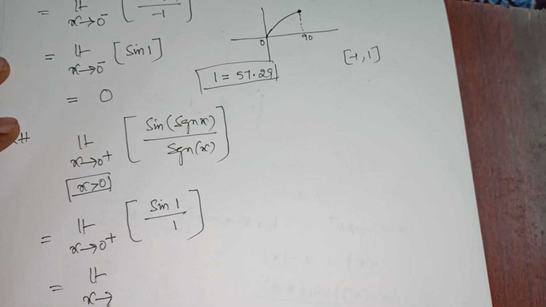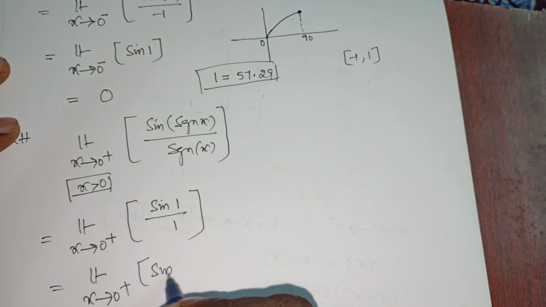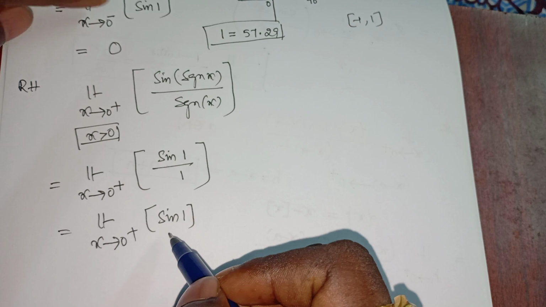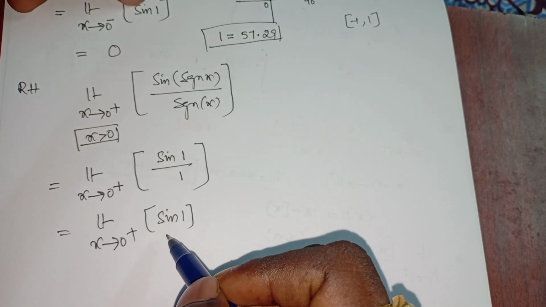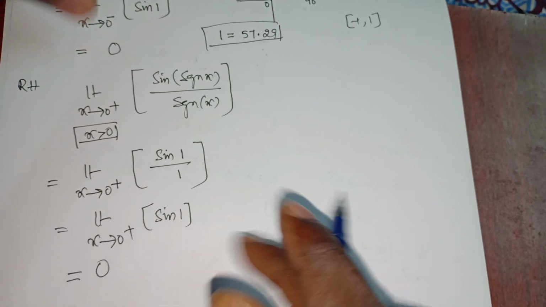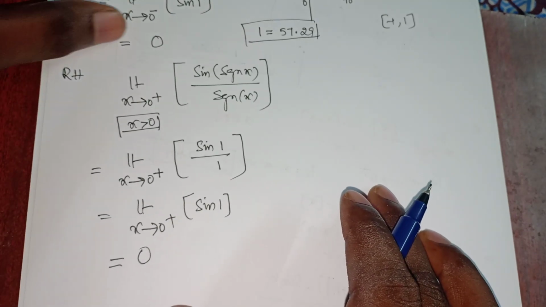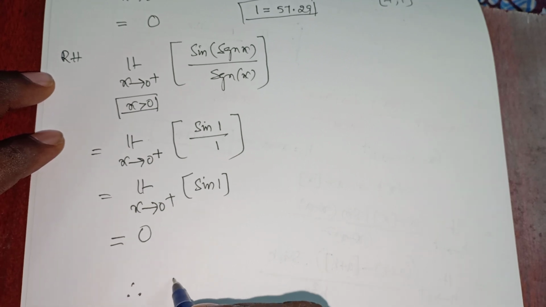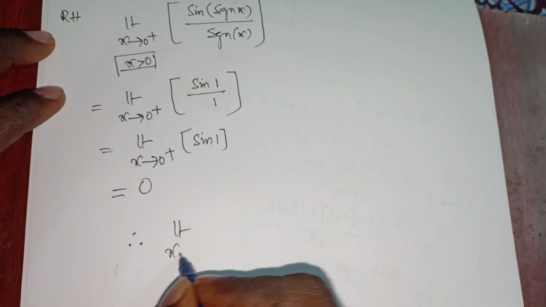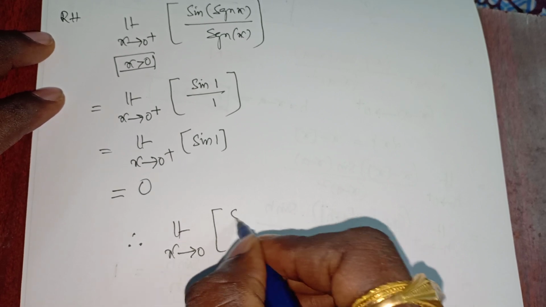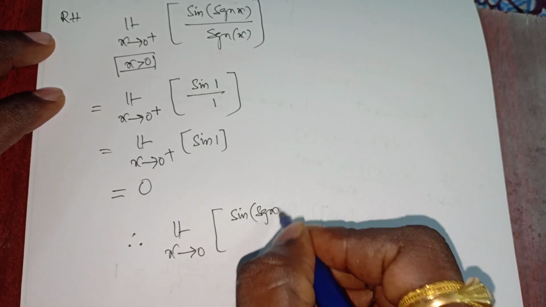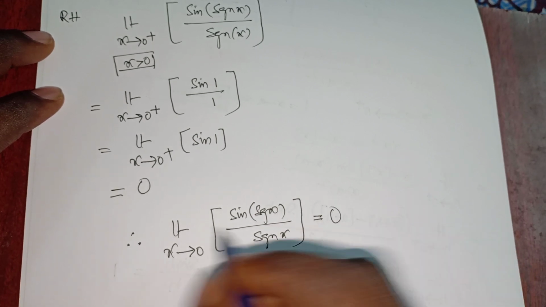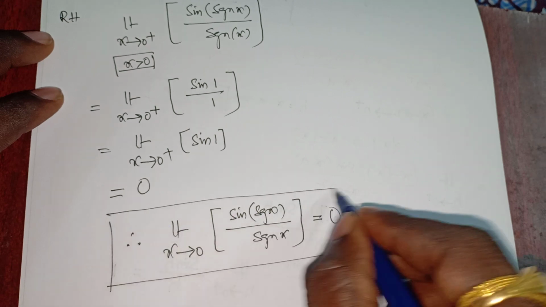So limit x tends to 0 plus, [sine 1]. We already know that [sine 1] is 0. Here, what is the left hand limit? 0. What is the right hand limit? 0. Then the limit value is equal to 0. So limit x tends to 0, [sine of signum of x by signum of x] is equal to 0.